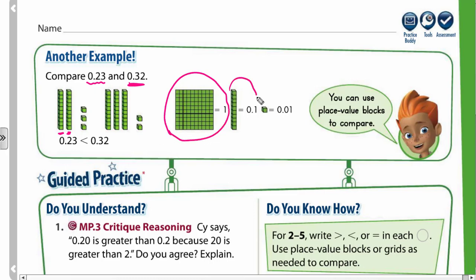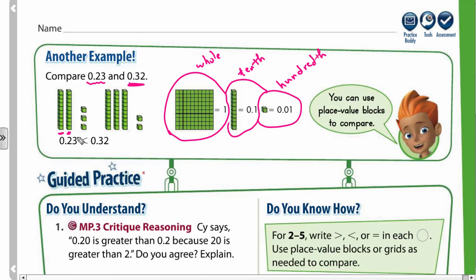So this is 1/10. This is 1/10. And this is 100th. So this is the whole. This is the 10th. This is the 100th.